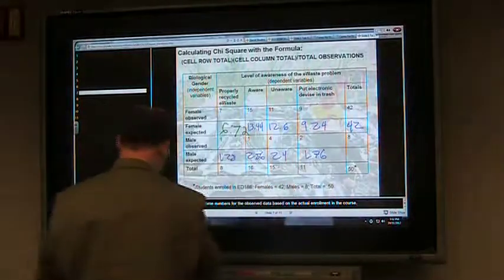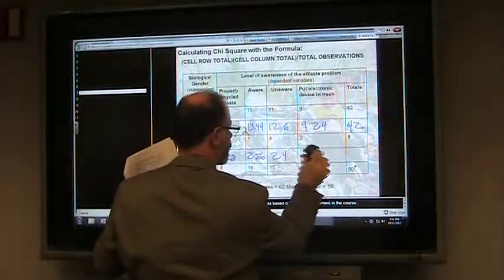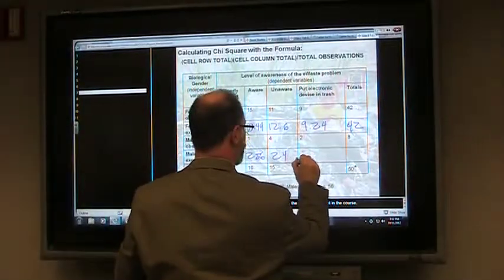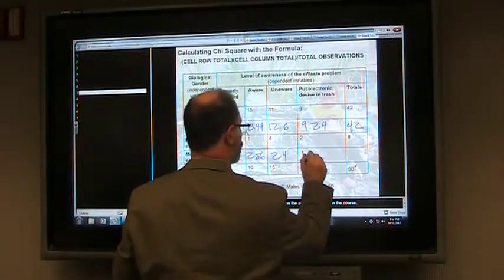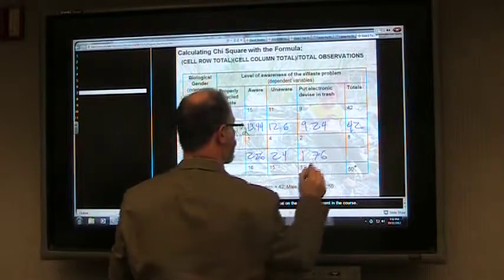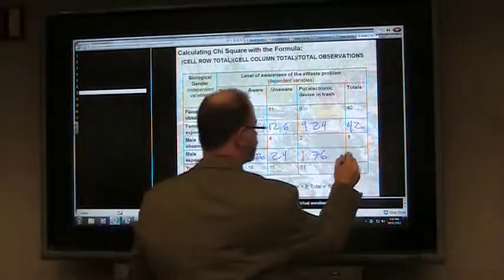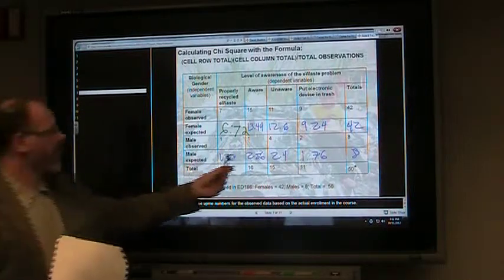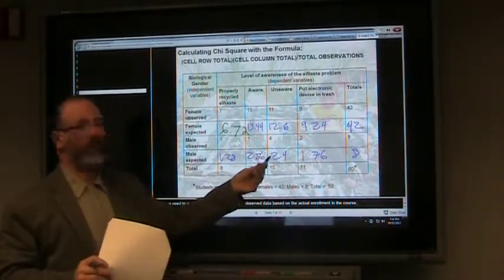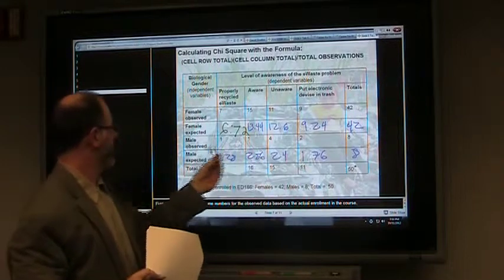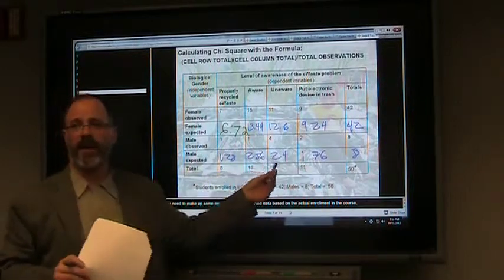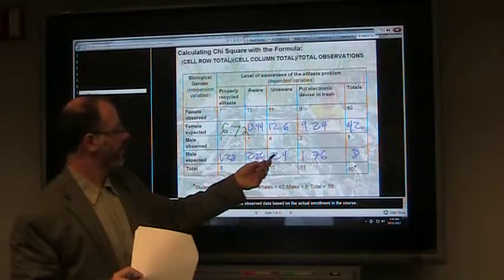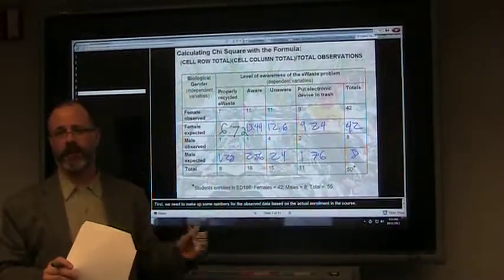We multiplied that total. Do you want me to do it? Okay. 8. Okay. So if I wanted to calculate the male expected in the unaware, how would I do it? 2.4. How did I get that number?